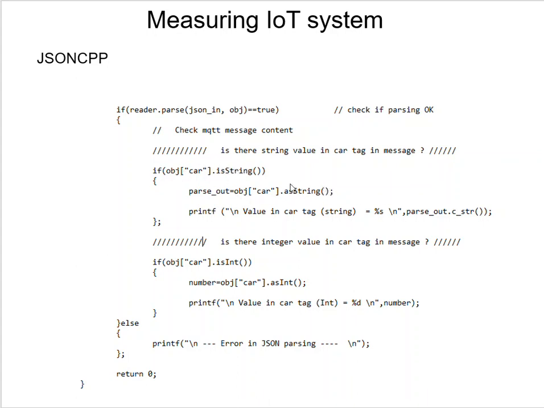If it's a string, then we parse it as a string, and here we print it. And here we are checking whether the value is an integer, and if it's an integer, then we print it as an integer. And if it was neither of these, then we print the error. So here we are checking that there is the name car, and whether its value is a string or a numeric, integer value.